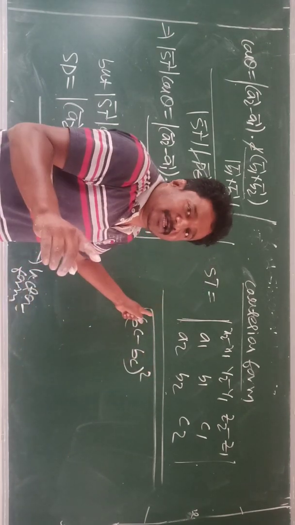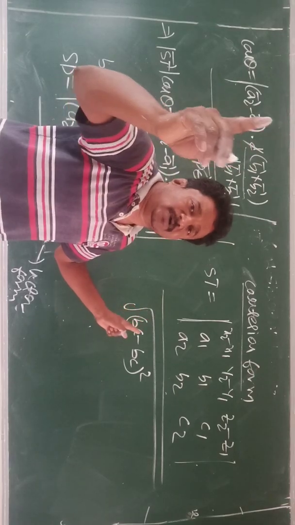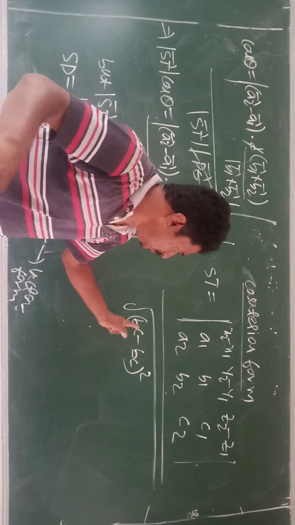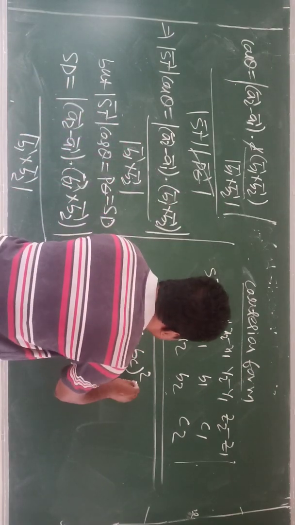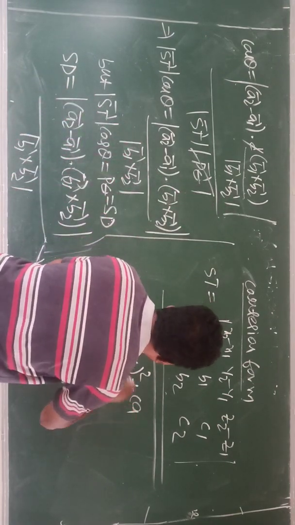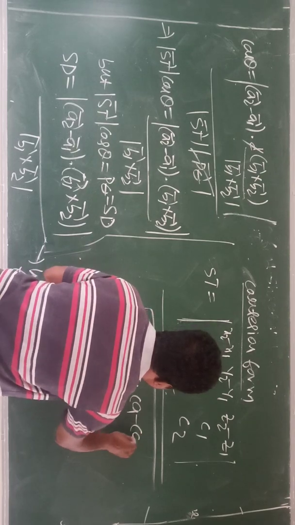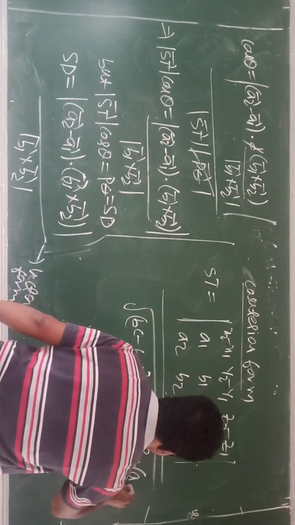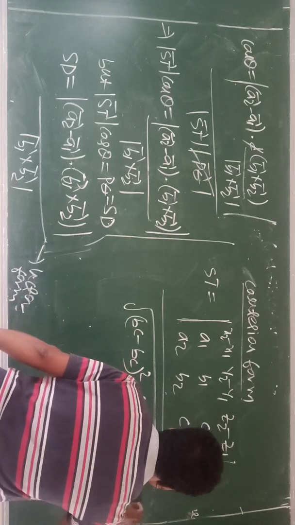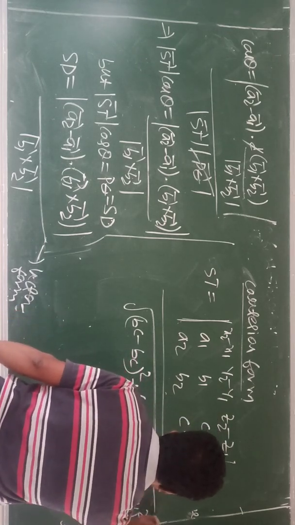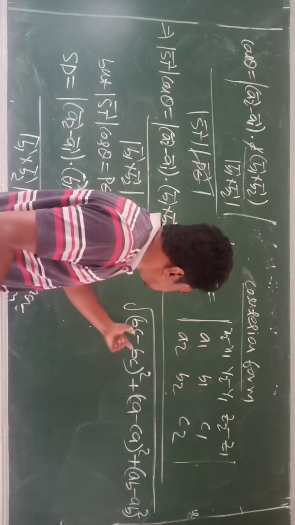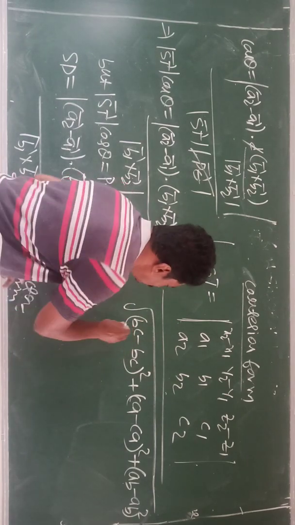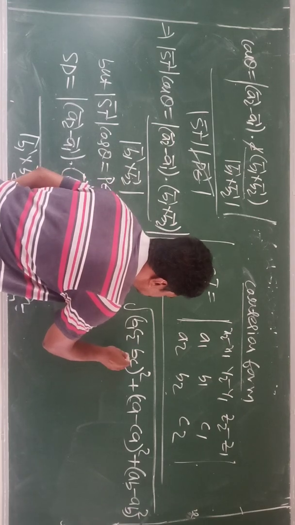Length of any vector means root of i squared plus j squared plus k squared. You may be surprised, sir, bc minus bc is 0? No, now I correct it.